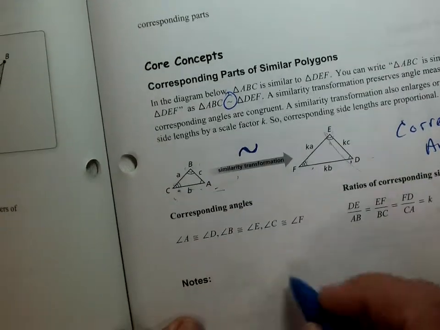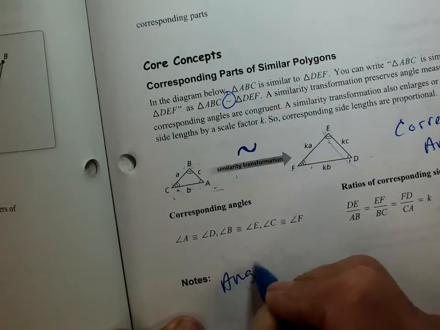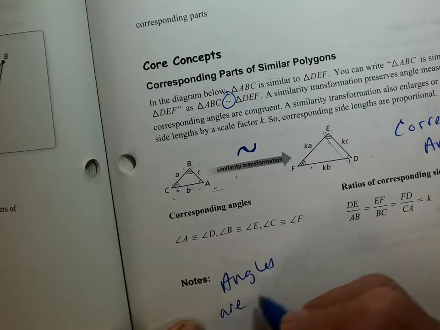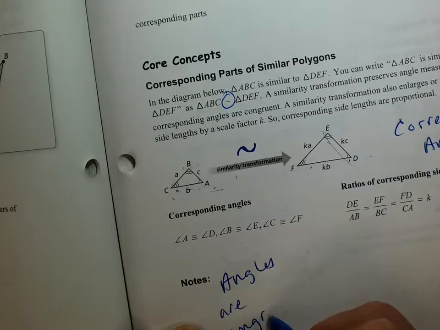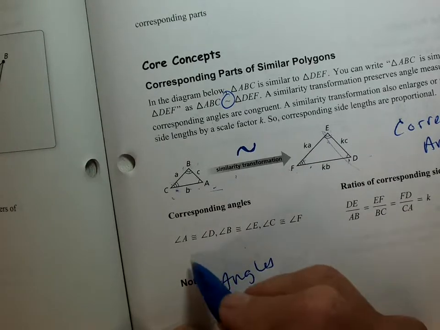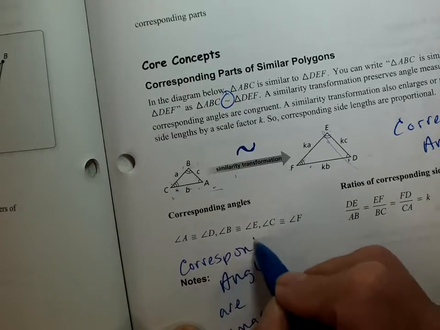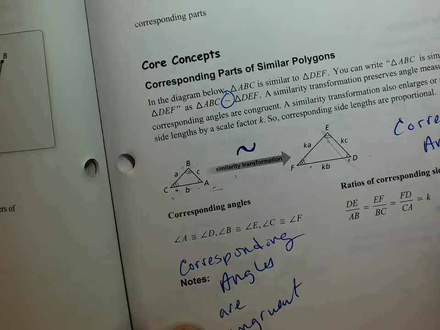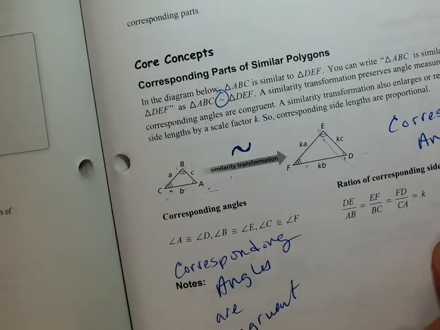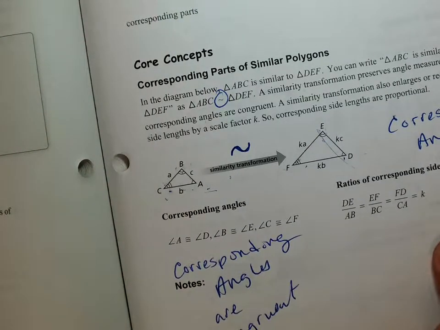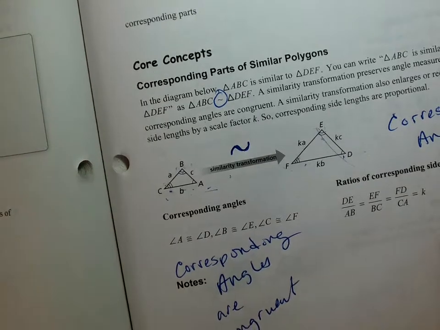So we're going to write: angles are congruent. Okay, corresponding angles. But our sides are not congruent. No way, because you've got a big one and a little one, right? Sides are not congruent, but they are proportional.